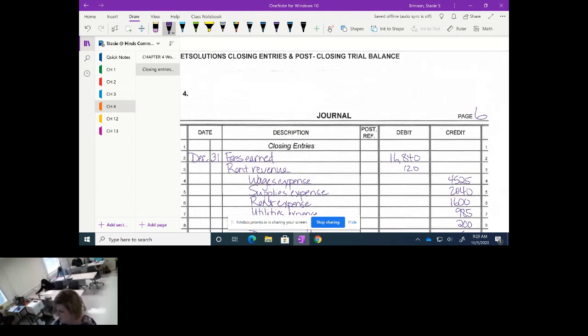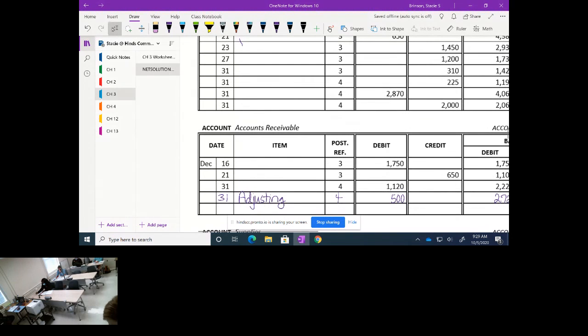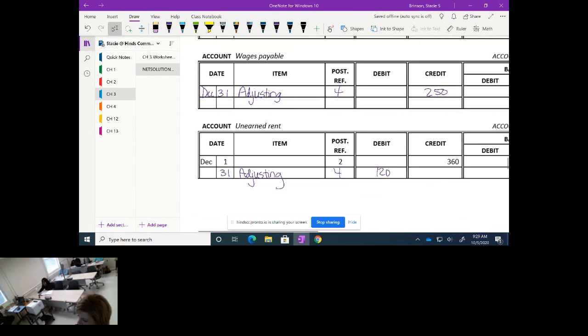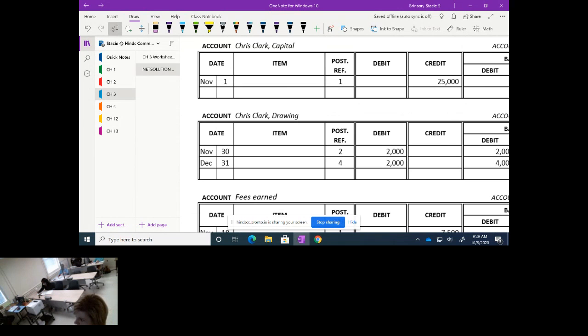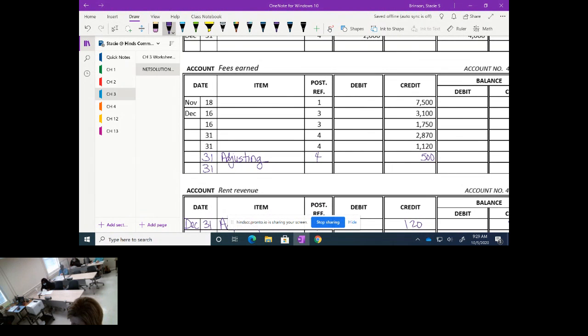Just put a page 6 on there so we'll have a reference that is a little bit different, so at least we can see what we're doing. The first thing we did on our entry was to debit fees earned. On the 31st, here you're going to write closing.